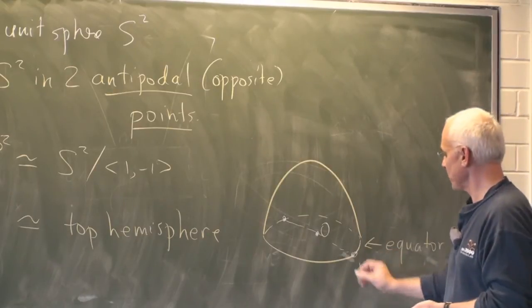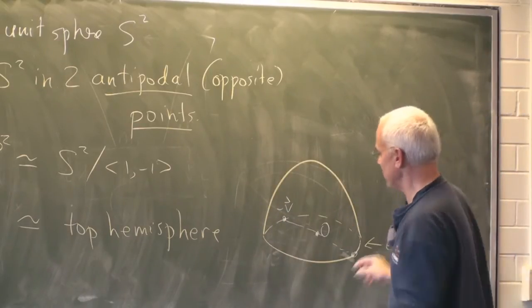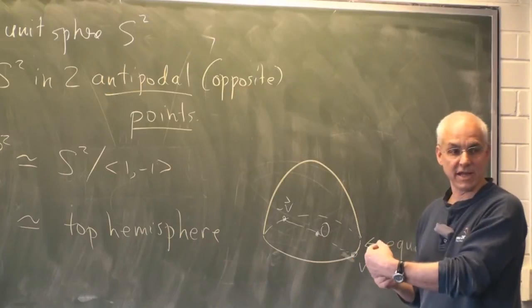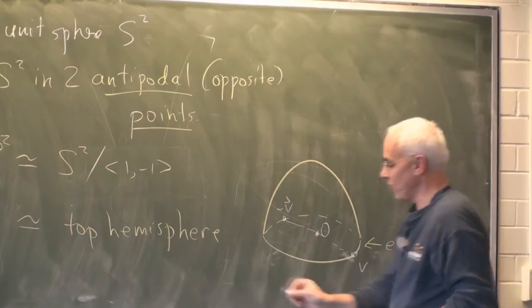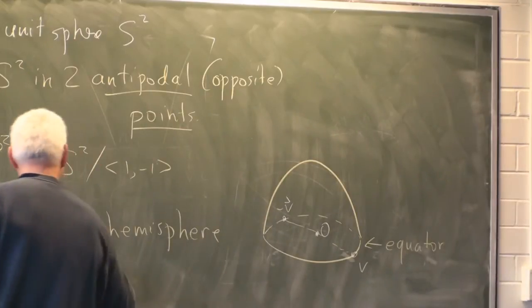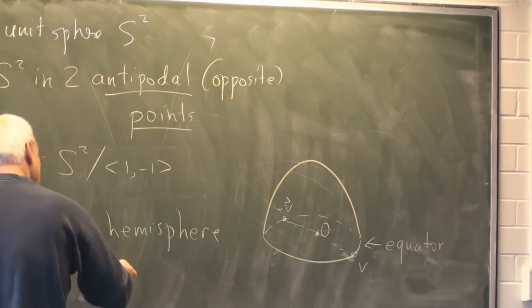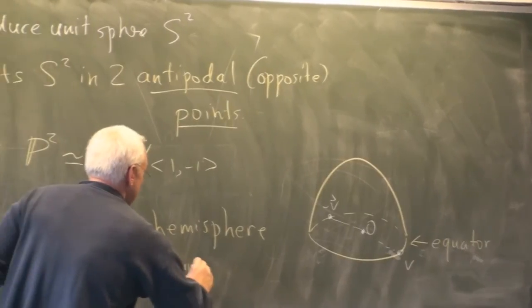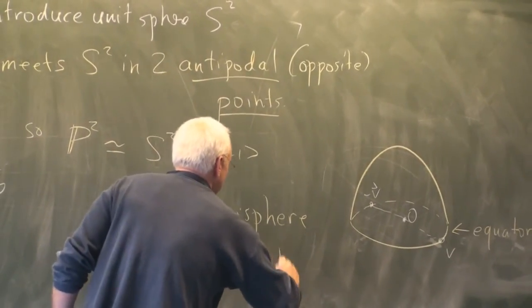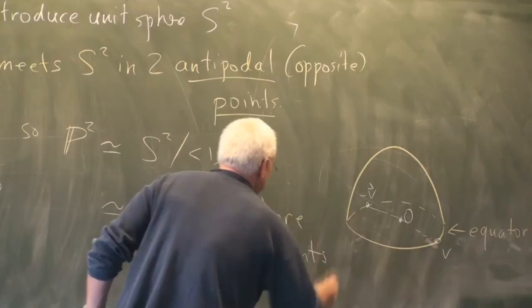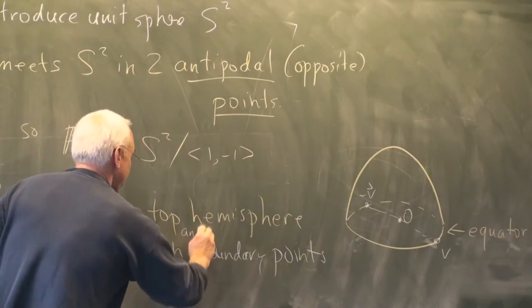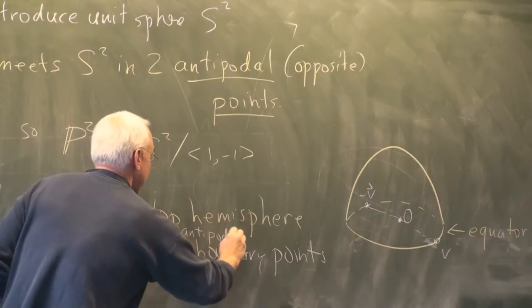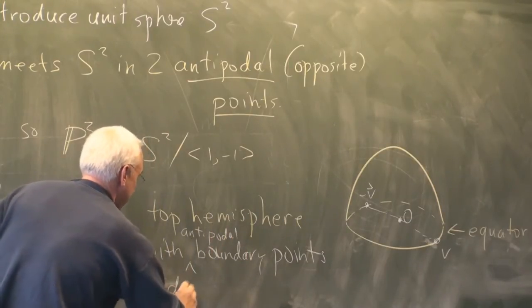So that's a vector v. Then -v itself, these points have to be identified because they represent the same line through the origin. So it's the top hemisphere with antipodal boundary points identified.